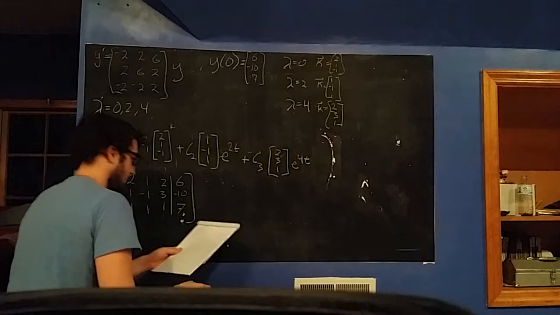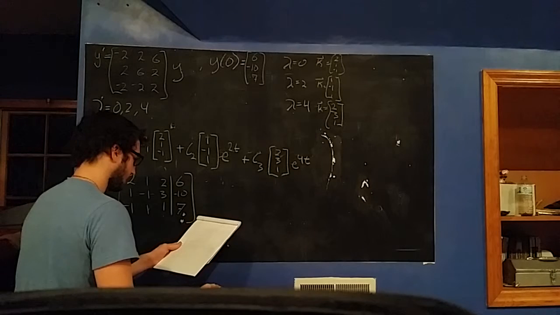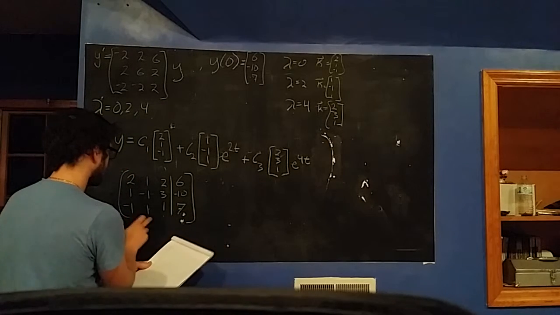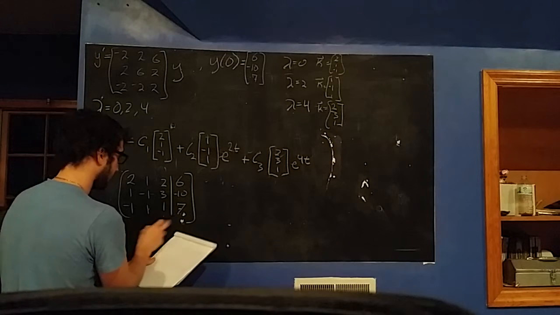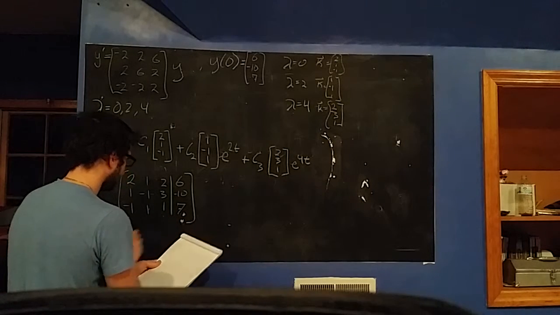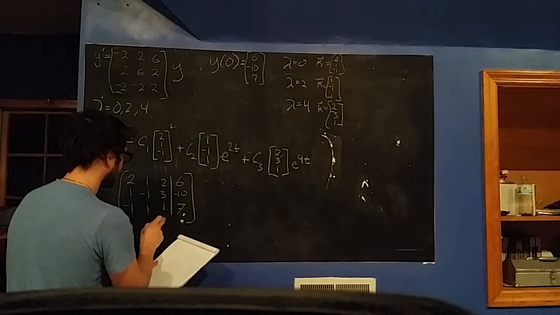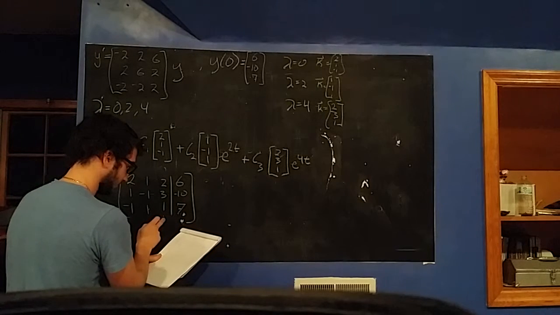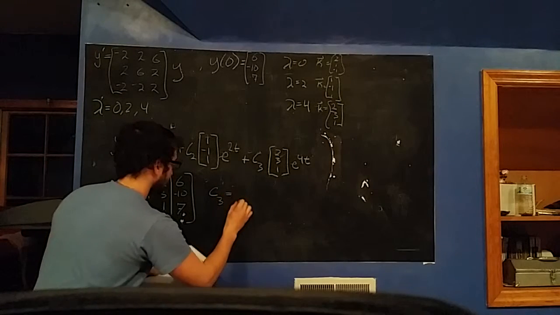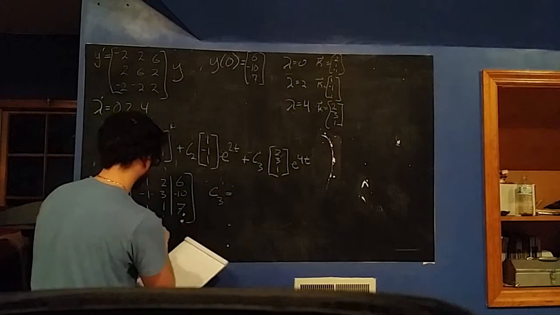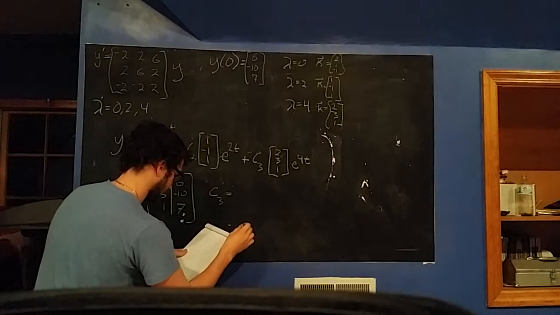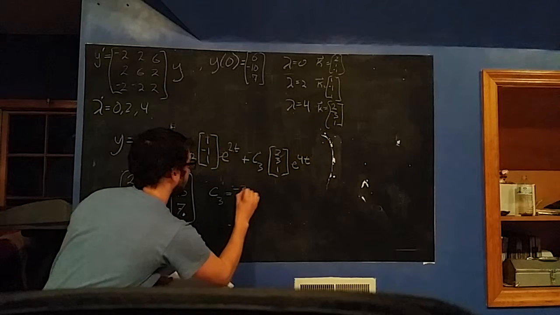So for me, when I did that, I added row 2 to row 3 and eliminated 2 of these out here, which gave me an expression for C3. 4C3 is equal to negative 3. So I got negative 3/4 for C3.